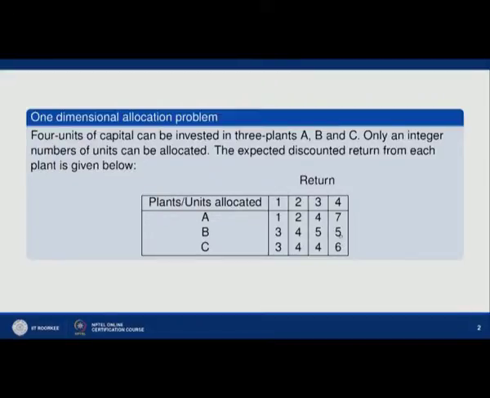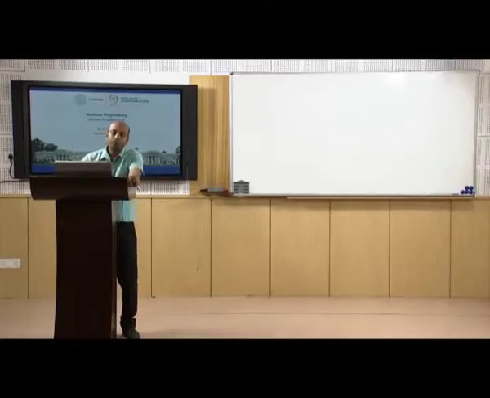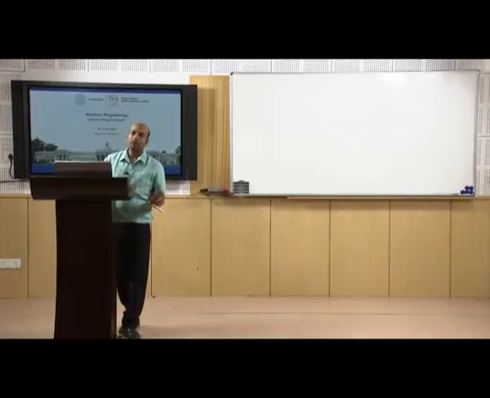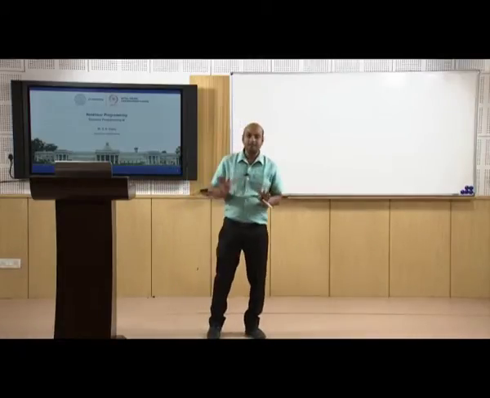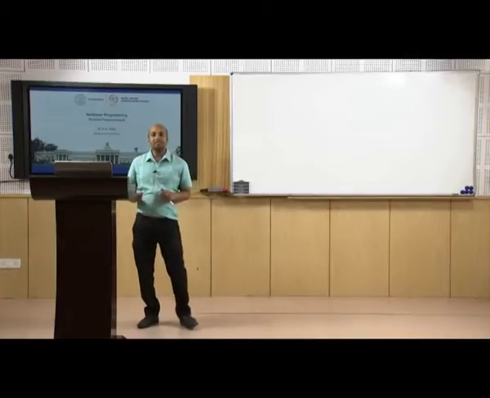Now the problem is how to find out how much money is to be invested in each plant so that the net output is maximum. We have 4 units of capital available, and we have to invest them in 3 different plants A, B and C such that the total return is maximum.